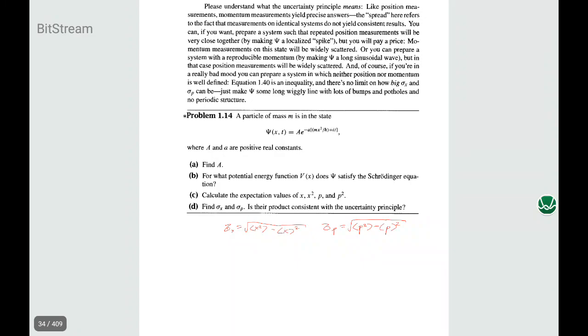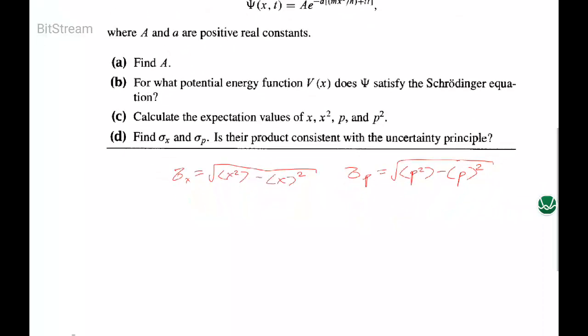And then we can test this relationship to see if it's bigger than h bar over 2. The absolute minimum it can be is h bar over 2, and that happens to be for a harmonic oscillator. In every other case, the uncertainty in x and in p is going to be bigger than h bar over 2.